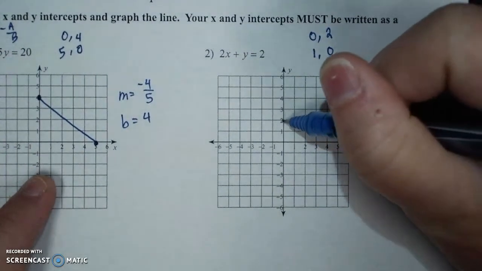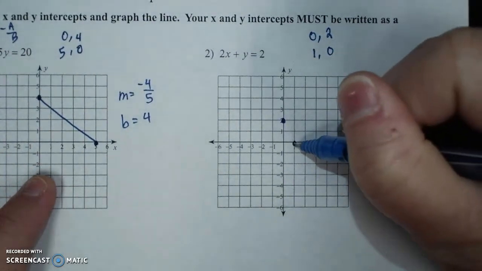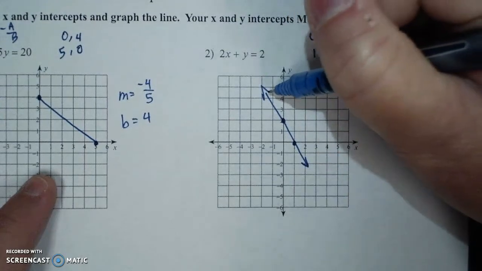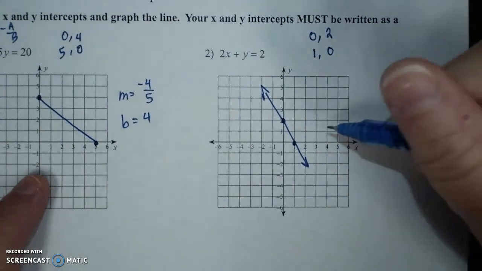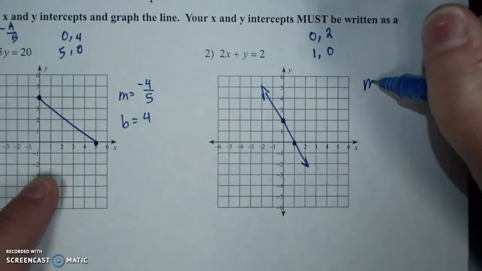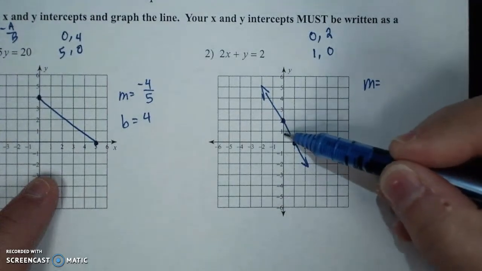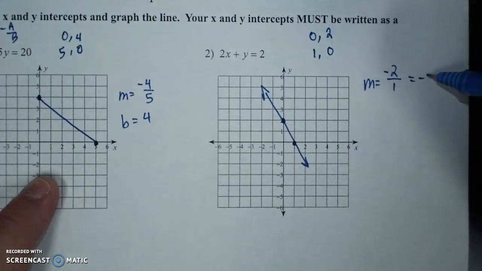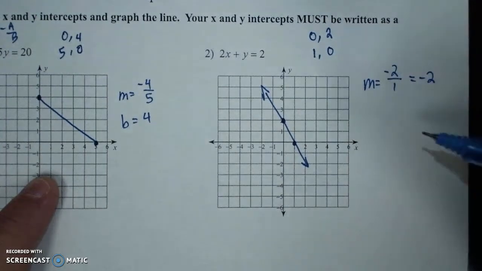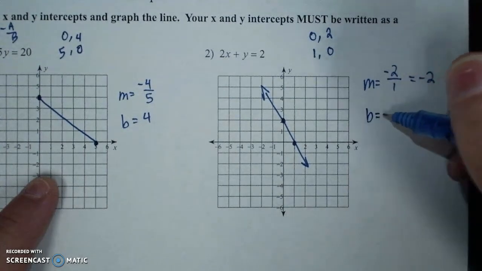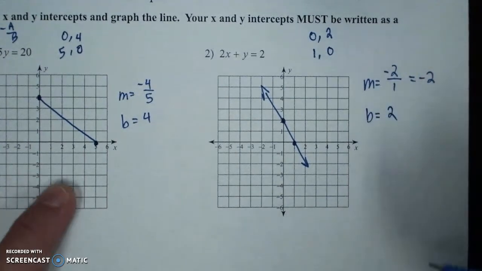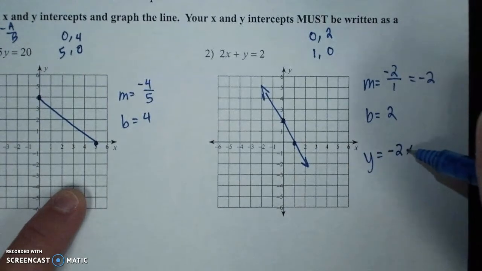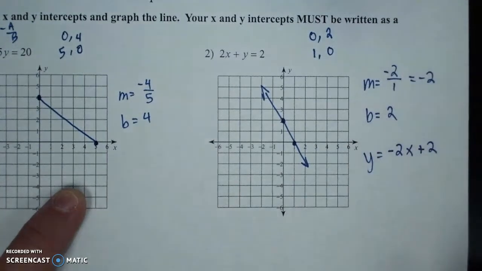So I have (0, 2) for one point and (1, 0) for the other point. I graph the line. I can tell you that my m is 2 down, 1 right, which is -2, and my y-intercept is 2.